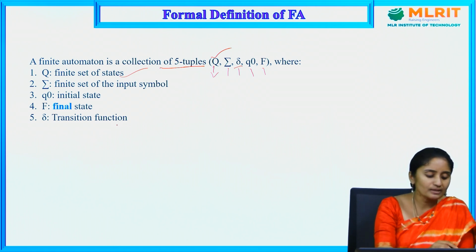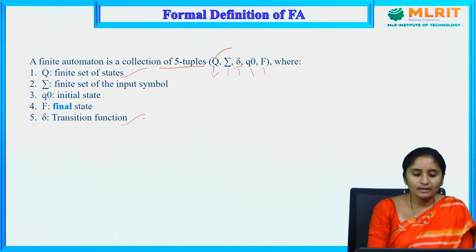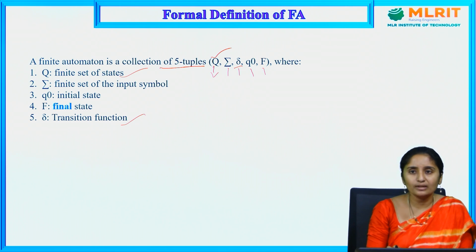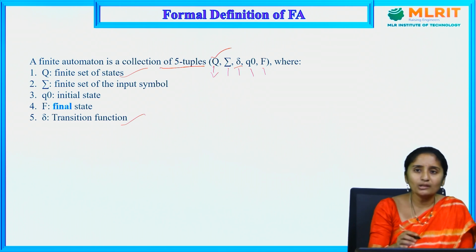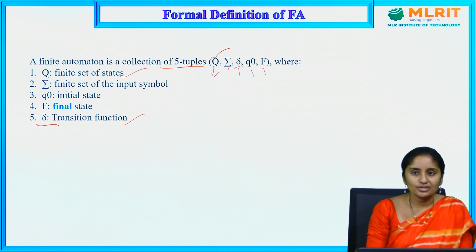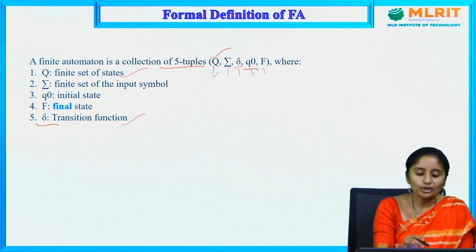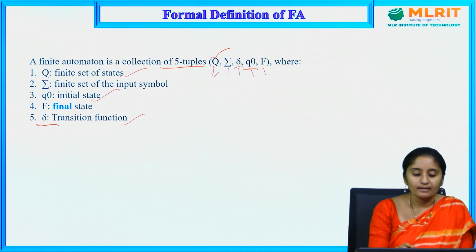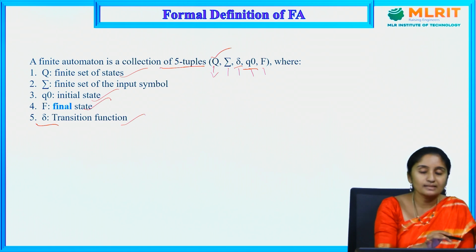Transition function means that if any input symbol occurs, the automata either stays in the same state or moves to the next state. All these things are stored in the transition function. The next one, Q naught, points to the initial state. F is the final state.